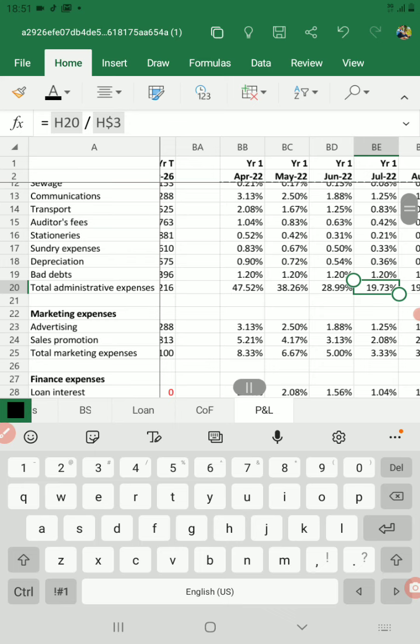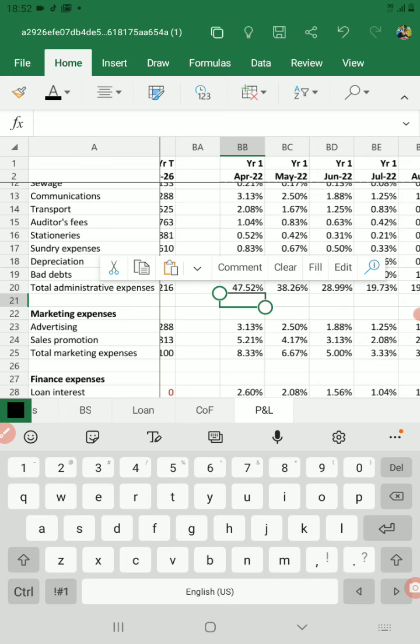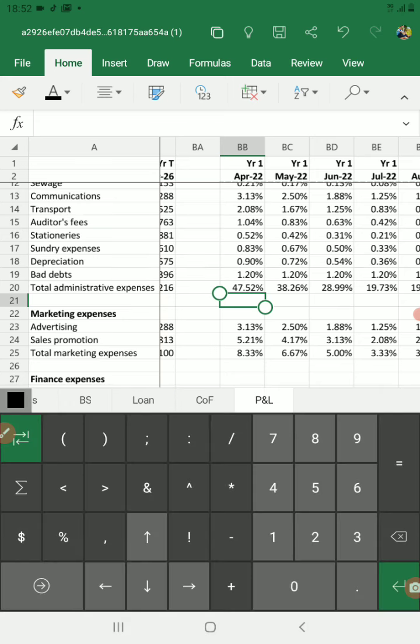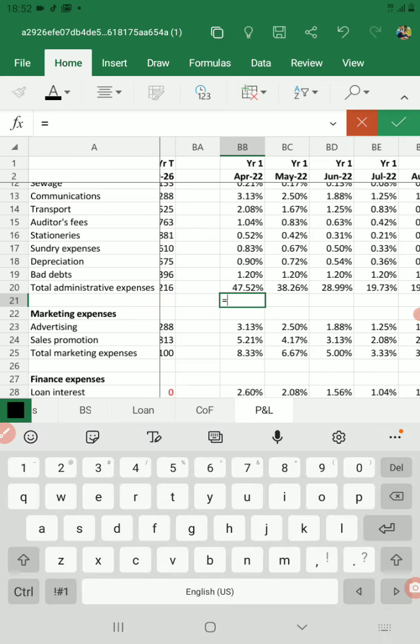For our annual, let me go to the annual P&L sheet here. Before I do that, let me first take an average for the year. So let me double tap here, use this one, start with, let me go back to this.